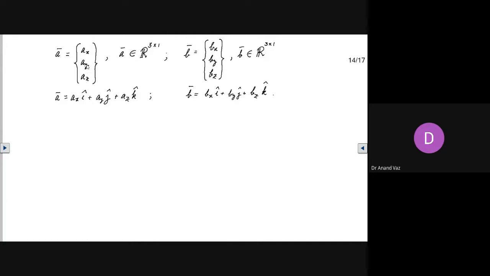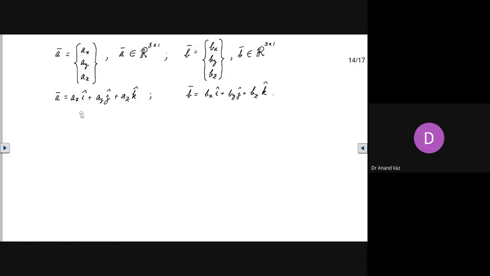Essentially, it means that the component that is being multiplied by the i direction is ax. This is the component multiplied by the j direction, and this is the component multiplied by the k direction.